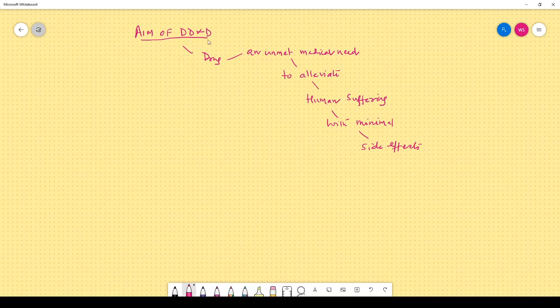So the aim of drug discovery and development is to produce a drug for an unmet medical need, okay, meaning a need for which no current treatment, here we mean medical treatment, exists.